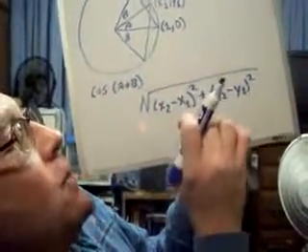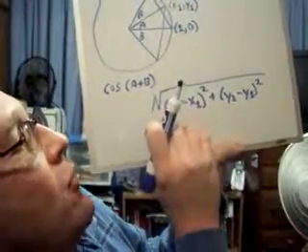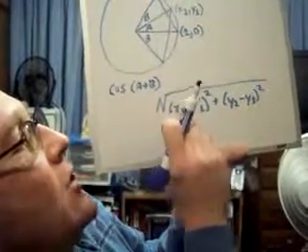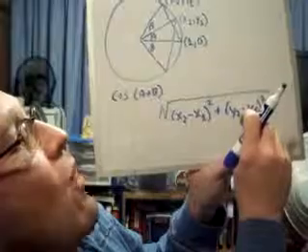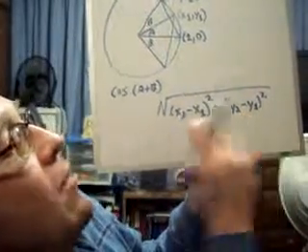Now what we have to do is we have to replace all these values, the x2, the x1, the y2, and the y1, with something else.